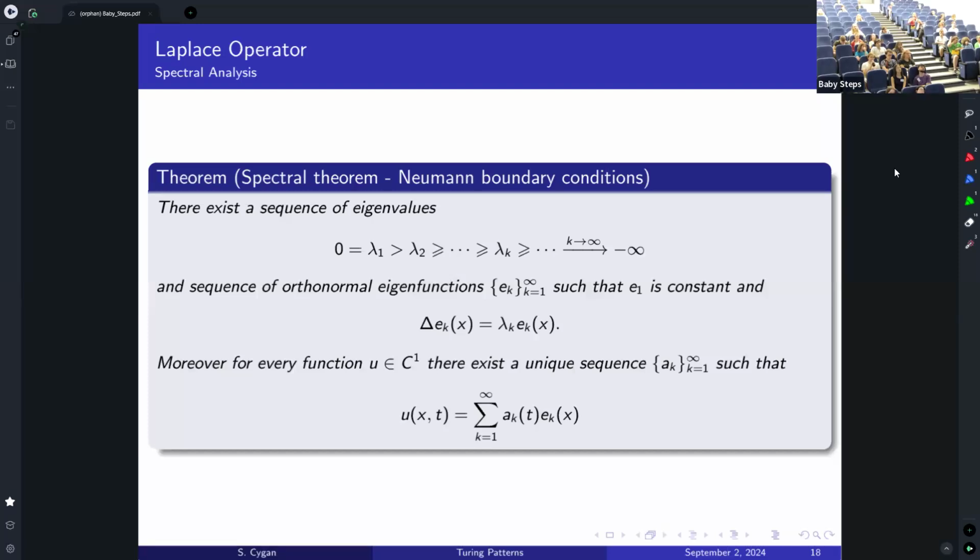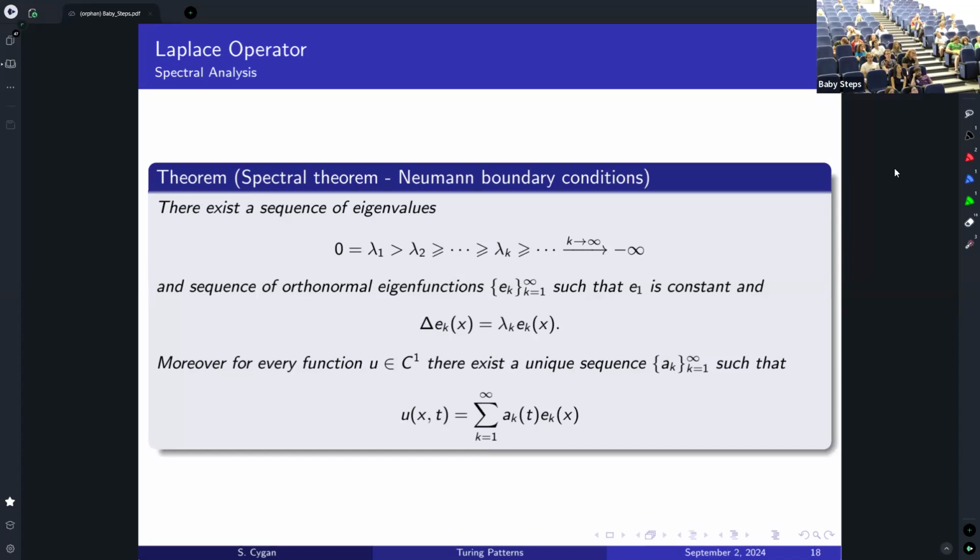The spectral theorem states the following: roughly speaking, we can think about the Laplace as a large matrix. So it behaves somehow as a large matrix. What does it mean? It means that we can, roughly speaking, diagonalize it. So there will exist an infinite sequence of eigenfunctions, which are the generalization of eigenvectors, with the following property: if we compute the Laplace operator at the eigenfunction ek, it is exactly the same as taking the eigenfunction and multiplying it by some eigenvalue lambda.